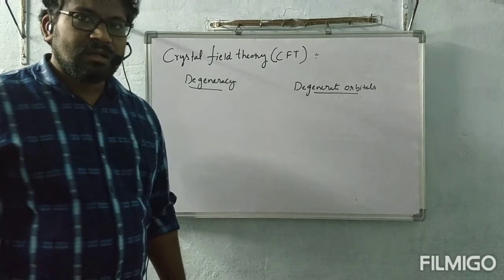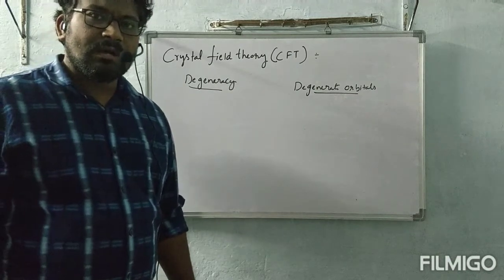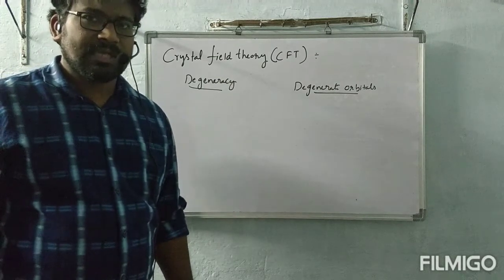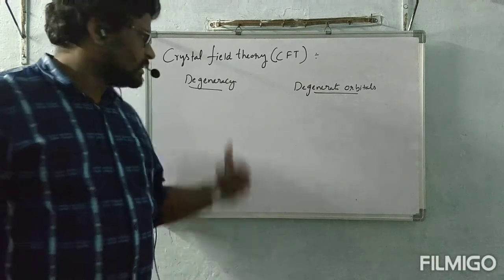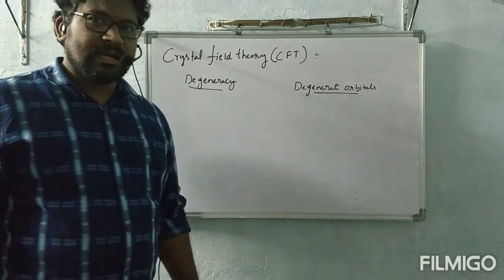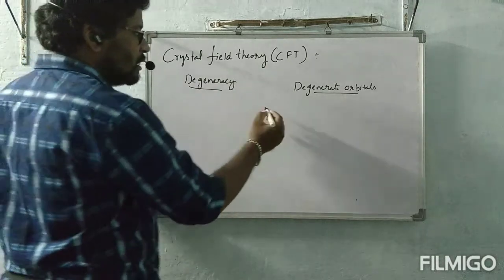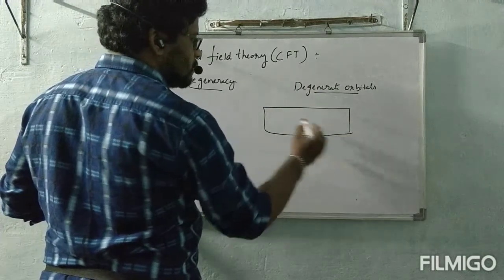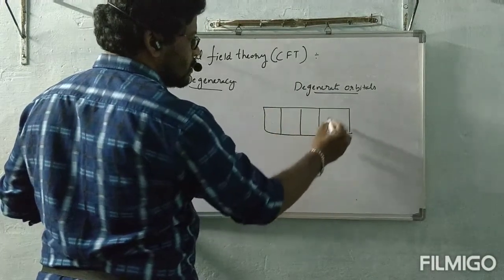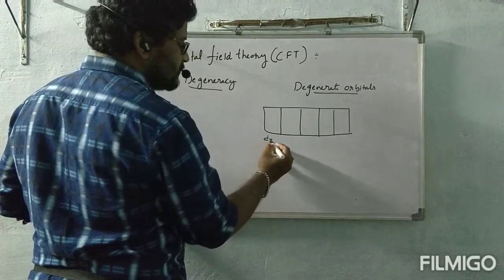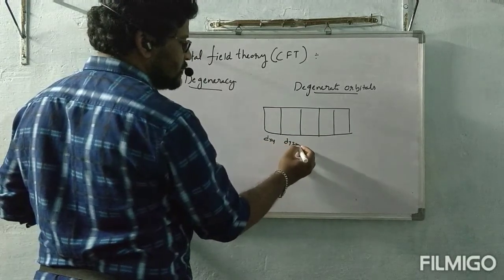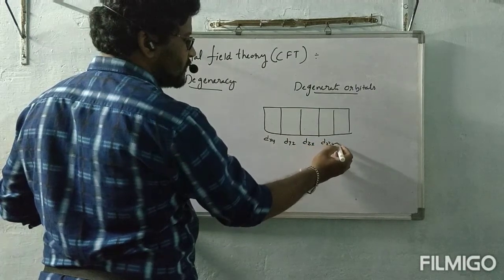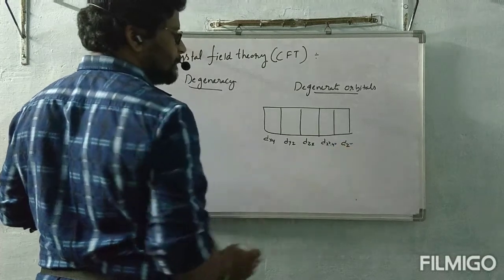For example, totally there are 5 d orbitals: dxy, dyz, dzx, dx square minus y square, and dz square.